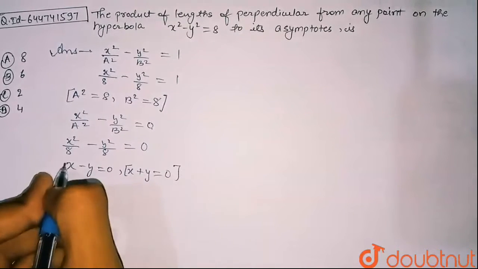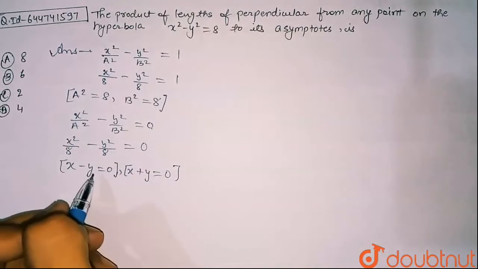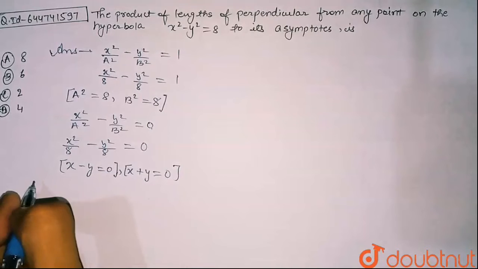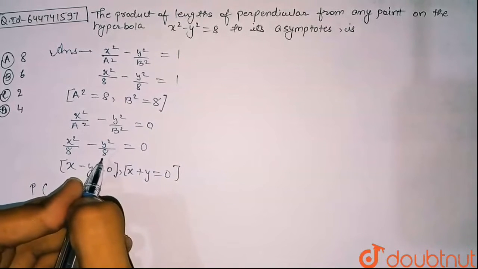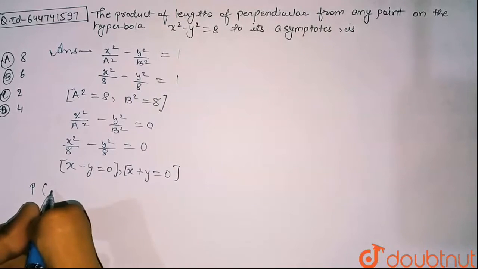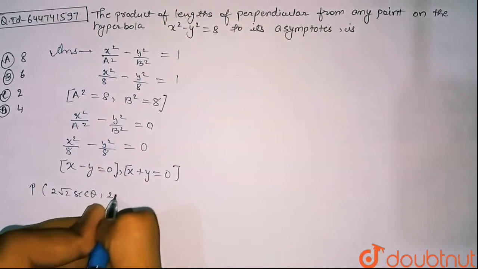So now we will define any parametric coordinate on this hyperbola and then we will proceed to get the length. So let any point P on this hyperbola be 2 root 2 sec theta, 2 root 2 tan theta.